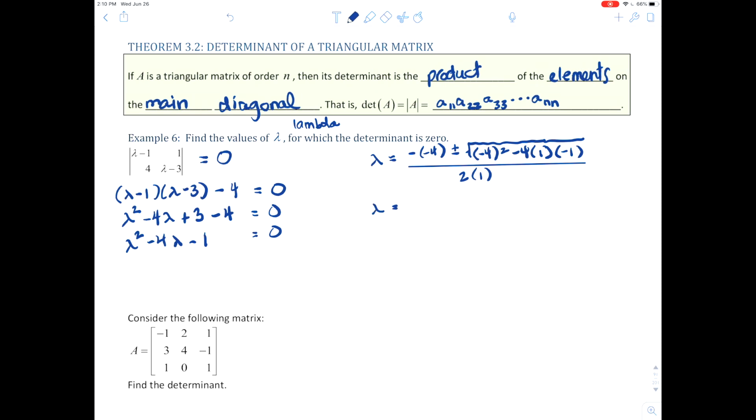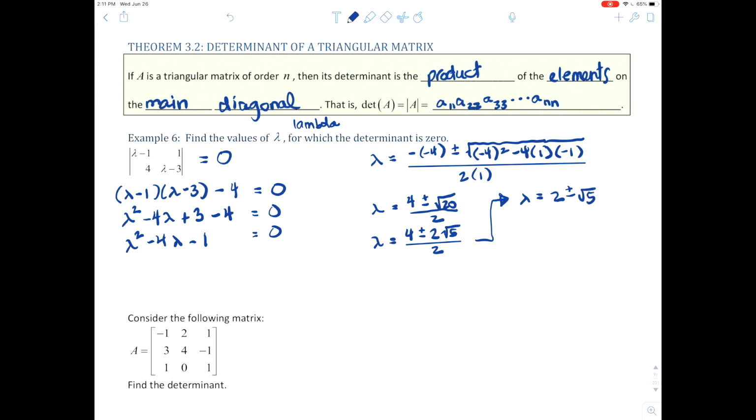Then lambda equals 4 plus or minus, that'll give us 16 plus 4, which is root 20, over 2. Simplifying root 20, you get what? 4 times 5 is 20. So we'll get 4 plus or minus 2 times root 5 all over 2. And that in turn simplifies to lambda equals, beautiful, 2 plus or minus root 5.